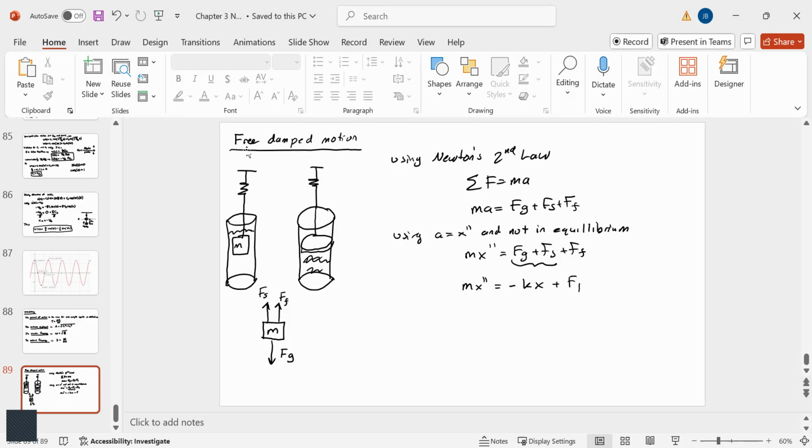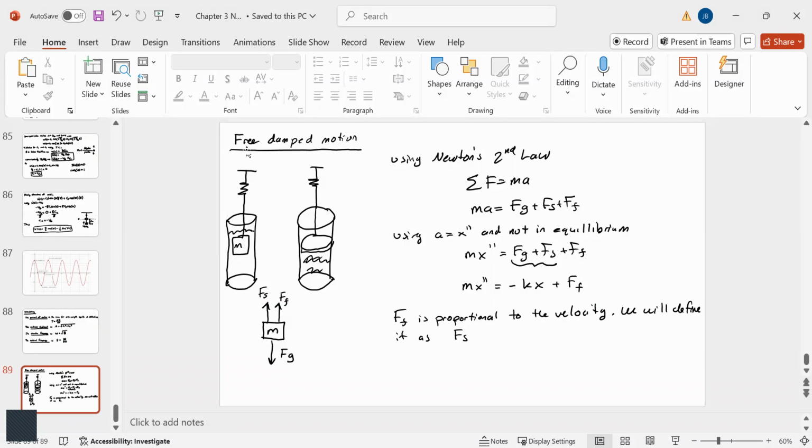Okay. So this is not something that I'm going to derive in this class. This is just something you would learn. But we would learn that the force of friction is proportional to the velocity. We will define it as the following.